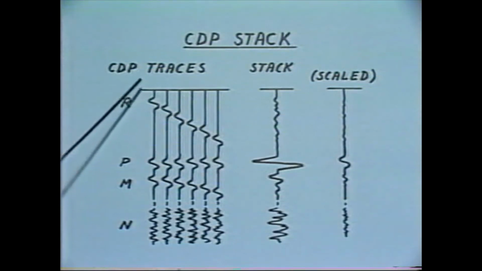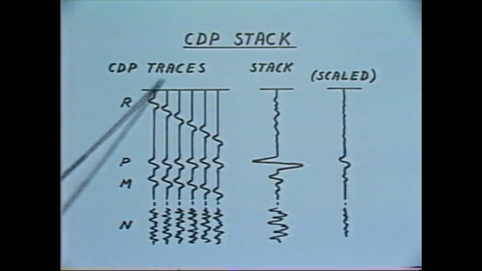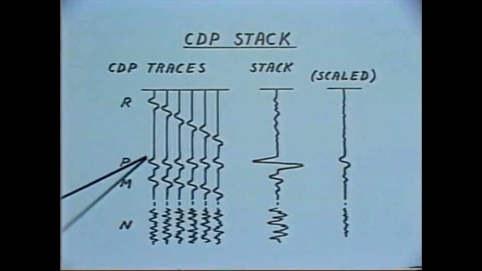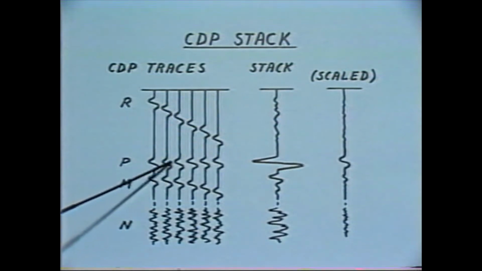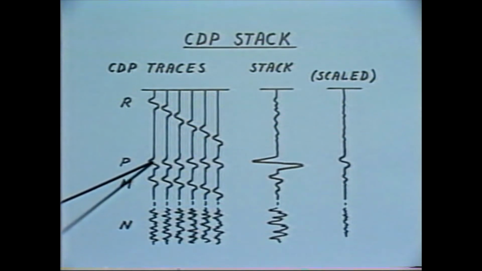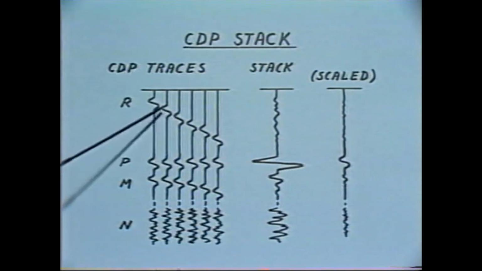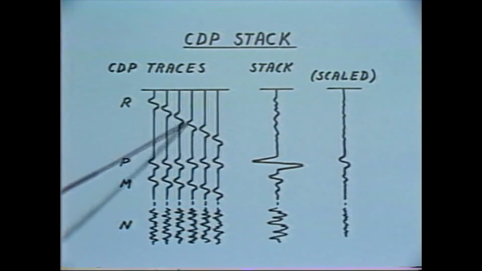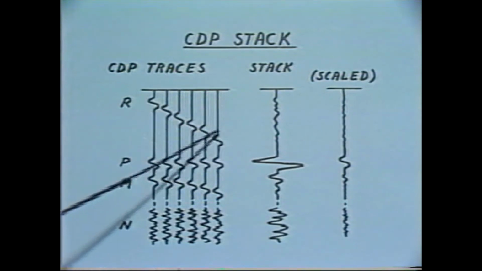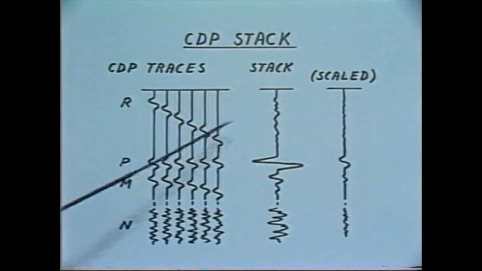Common depth point stacking is, of course, applied to a set of common depth point traces, and after normal move-out correction, those traces would show the primary reflection at the same time on each trace, whereas other events such as refractions or first arrival events would still show some kind of dip, time difference across the traces.